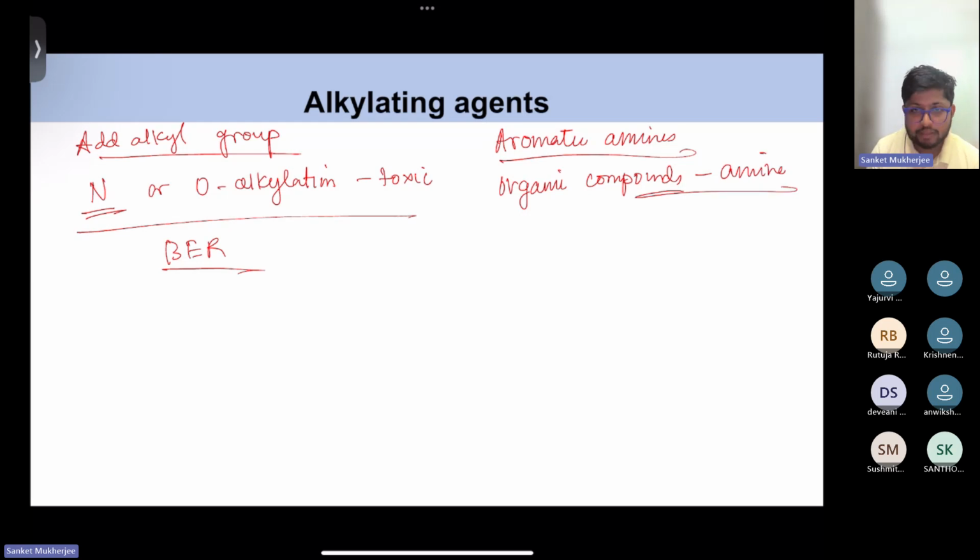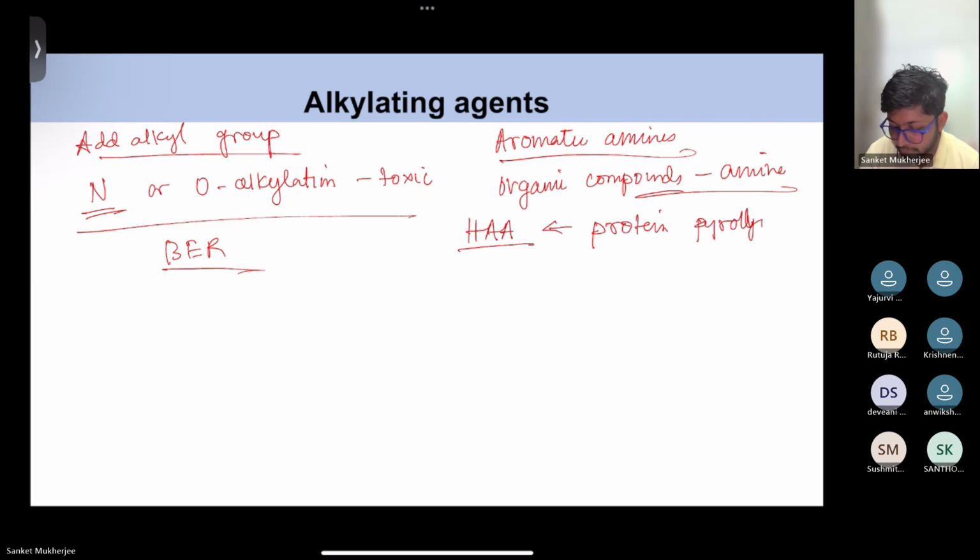So there are heterocyclic aromatic amines which are produced when you fry meat products. Through protein pyrolysis, they can form heterocyclic aromatic amines which can cause cancer, which have the DNA damaging property. So this is all about aromatic amines.